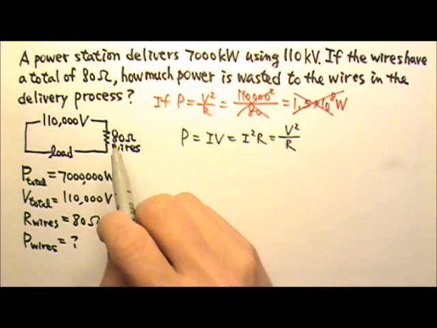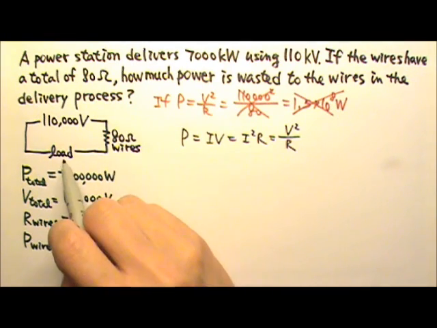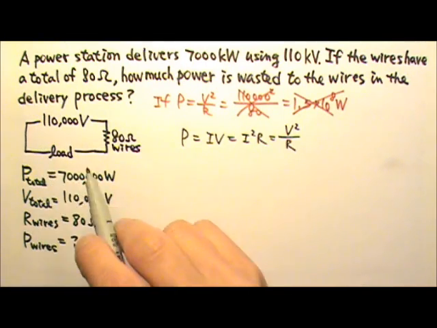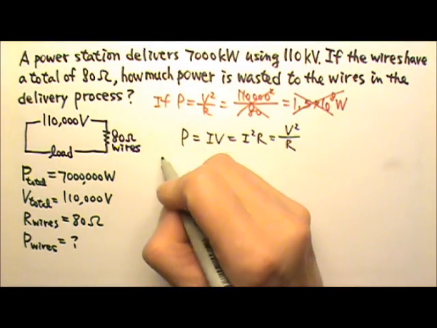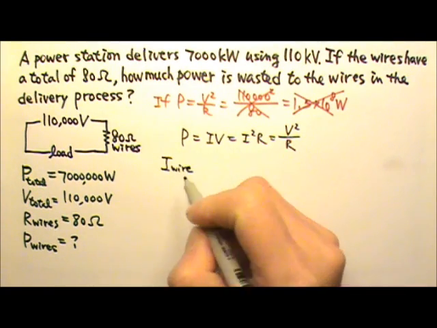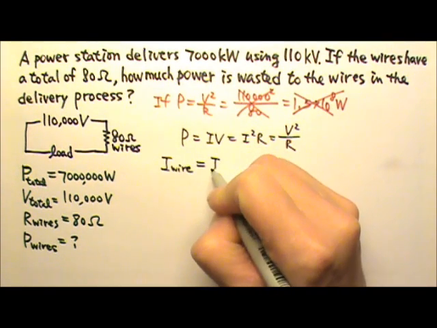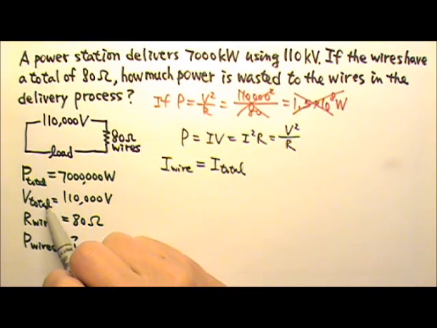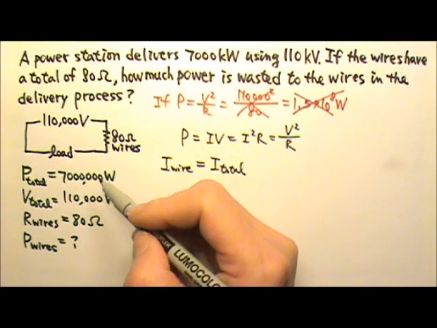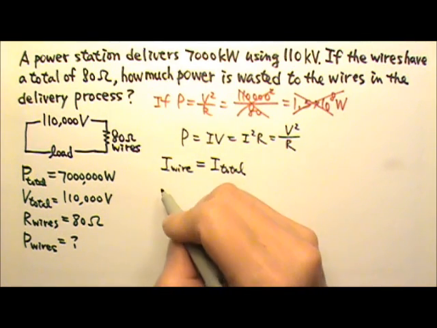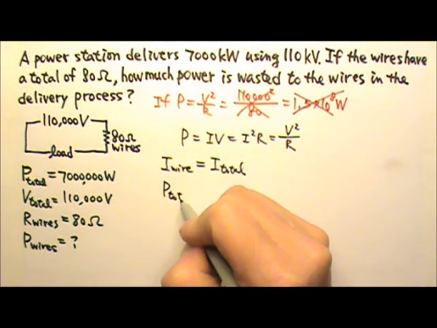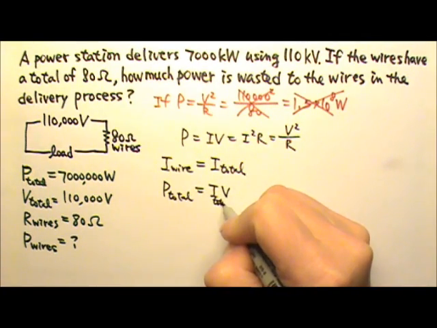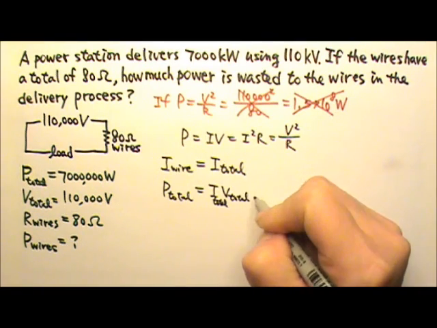That means we'll either have to find the current or the voltage for the wires. Because the wires and the load are in series, everybody gets the same current. So it'll be easier to find the current in the wires, which also equals the current in the total circuit. We can find that because for the total circuit, we know 2 things. So we can use P equals IV, with the current and voltage in the total circuit.